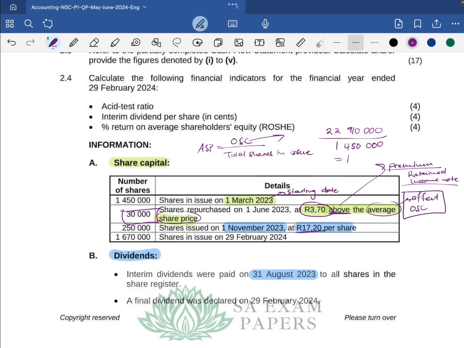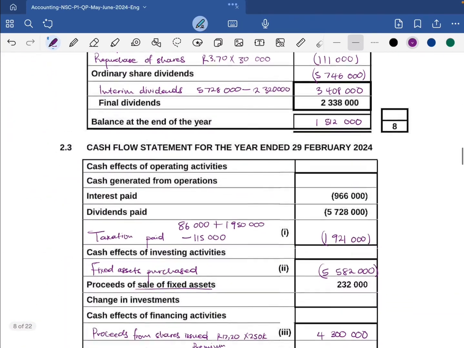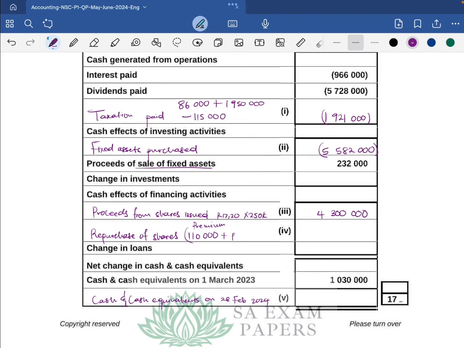So then that is an average share price of 15 rands 80. So that's plus 15 rands 80 multiplied by 30,000 shares that were repurchased, plus 111. This is 111. Okay, so then that's 585,000. It's an outflow because we have paid for the repurchase of these shares.